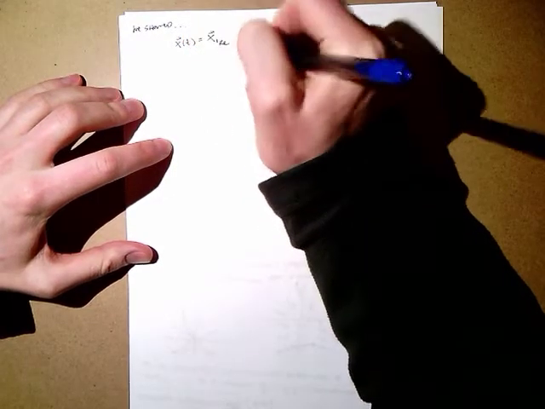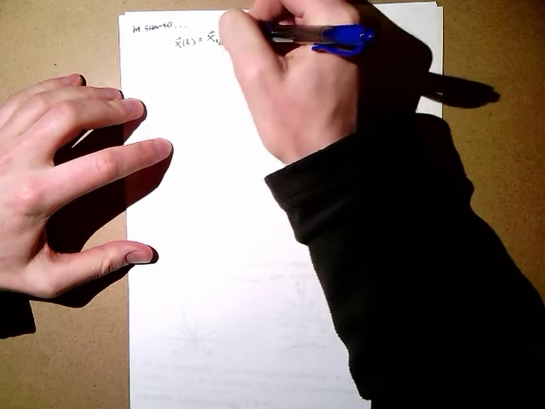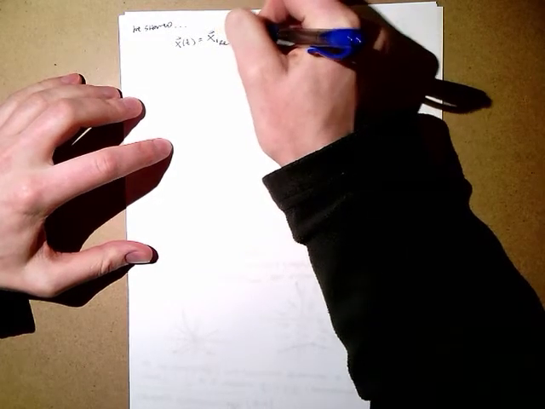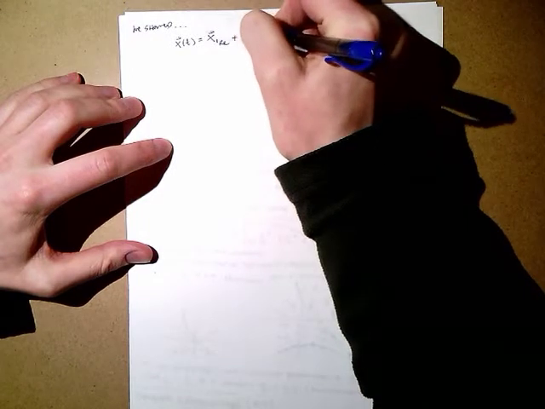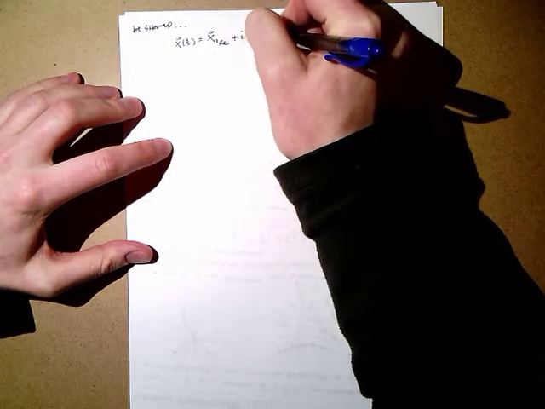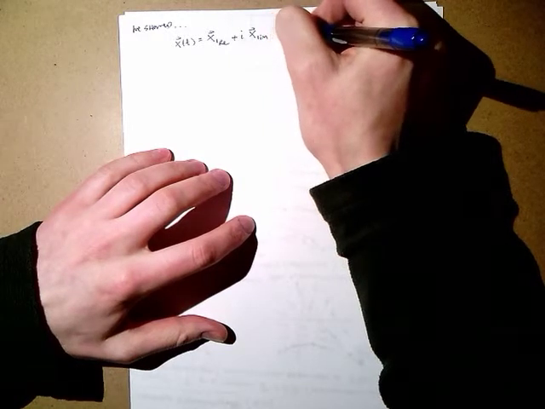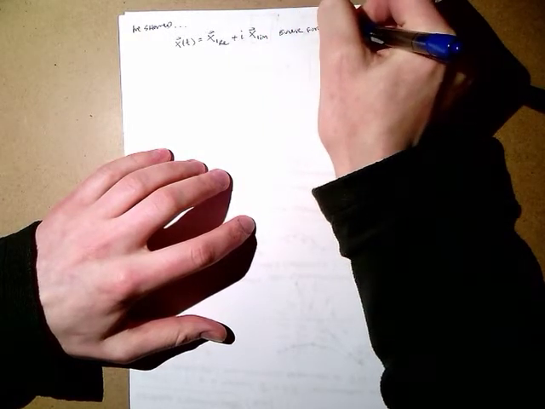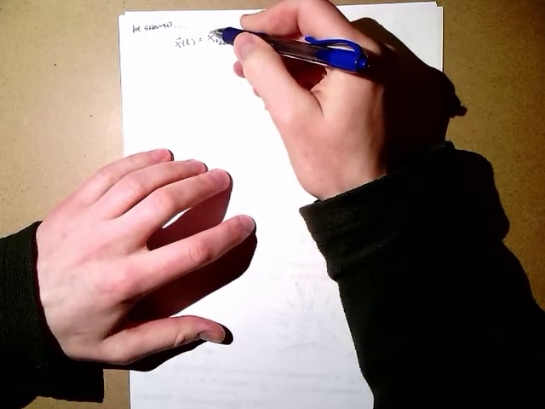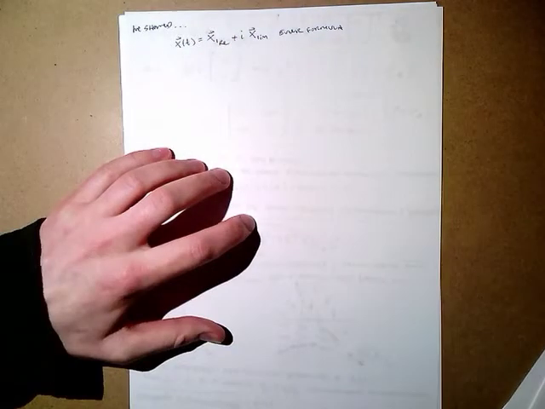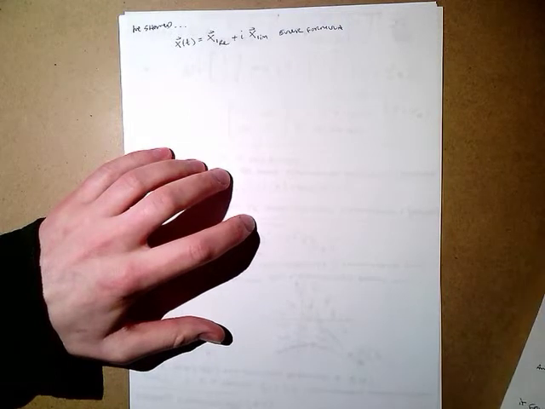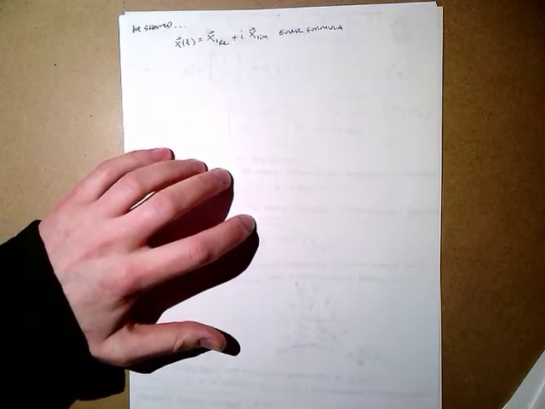We can break this into a real vector part plus an imaginary vector component, and we did this using the Euler formula. So we can write our general solution as the sum of a vector that represents the real components plus a vector that represents the imaginary components.